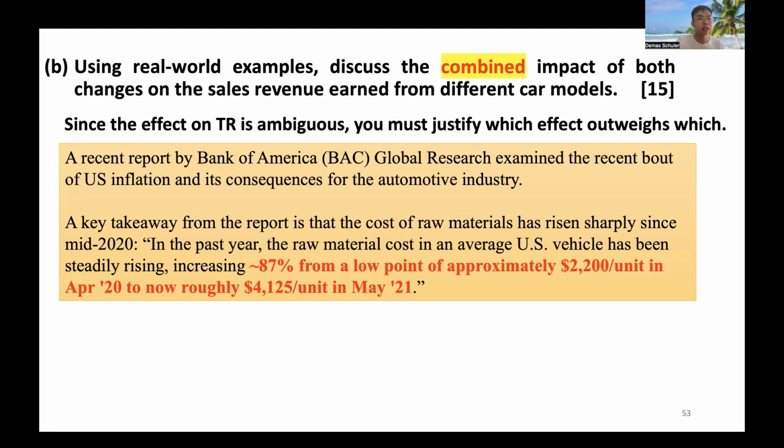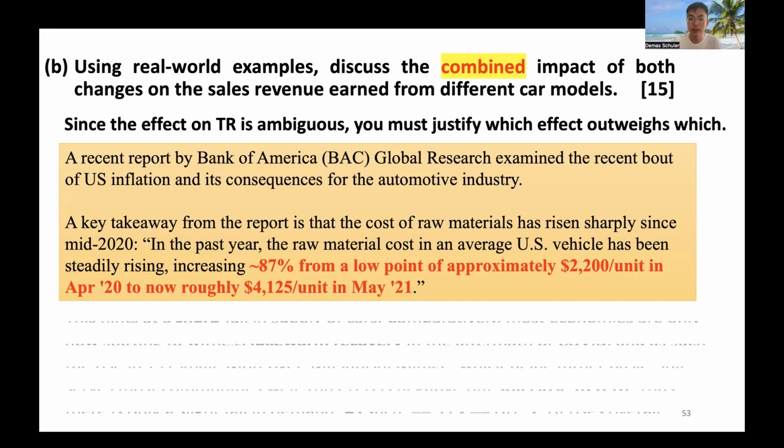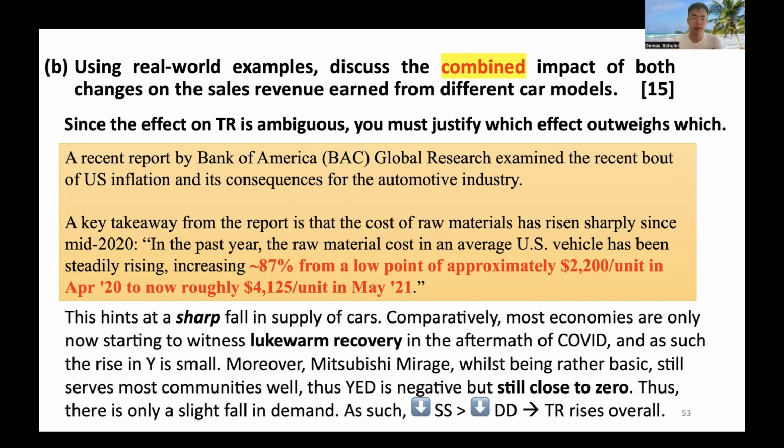So that means the cost of production has risen quite substantially, which hints at a sharp fall in the supply of cars across the board, across different car models. Comparatively, most economies are only now starting to witness a lukewarm recovery in the aftermath of the COVID pandemic. And as such, the rise in incomes is probably quite small in most countries.